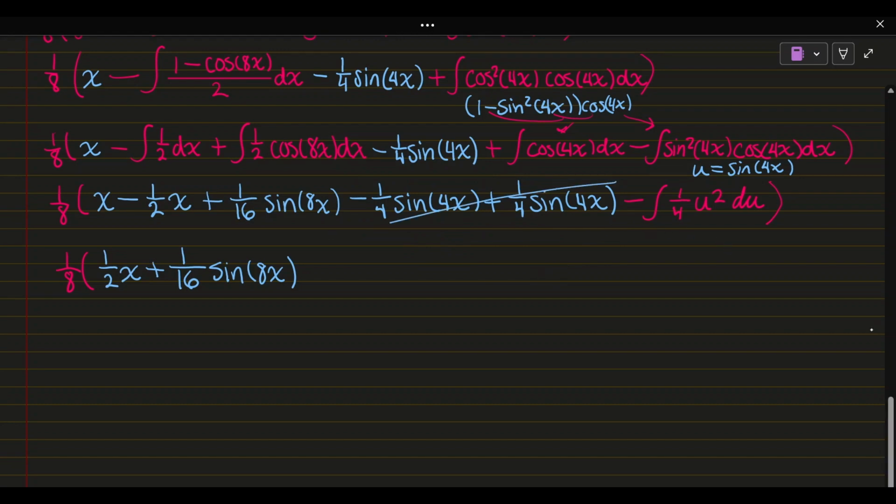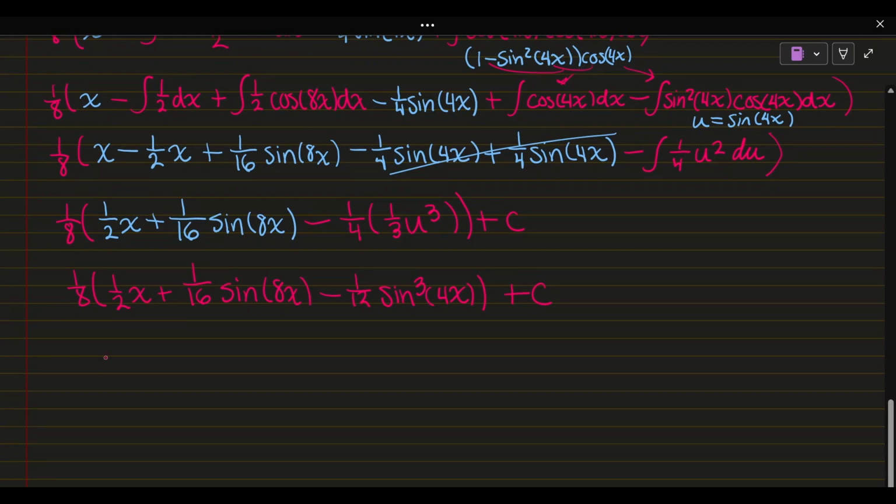And then this is going to be minus 1/4 times 1/3 u cubed plus c. Okay, and then now we have 1/8 times 1/2 x plus 1/16 sine 8x, and then minus 1/12. My u was sine 4x, so this is sine cubed of 4x plus c.